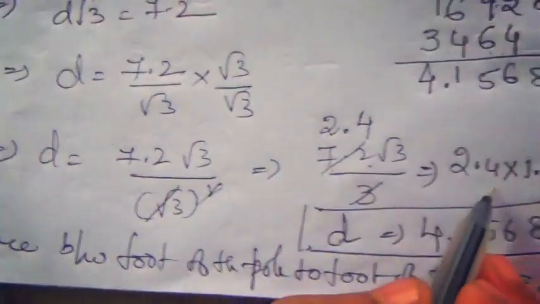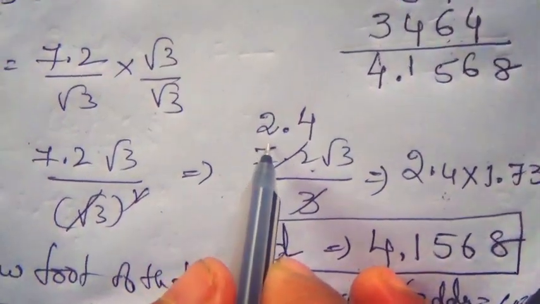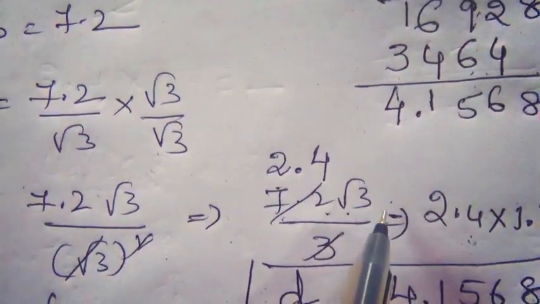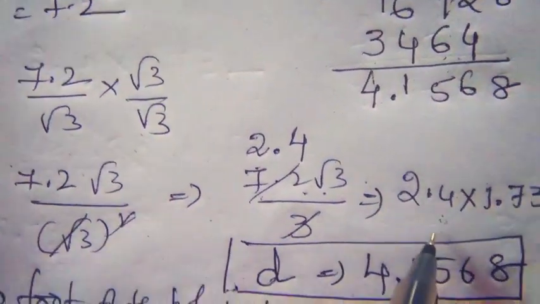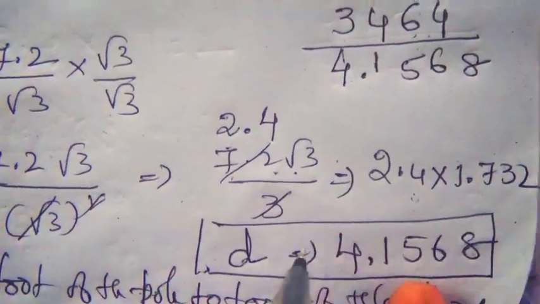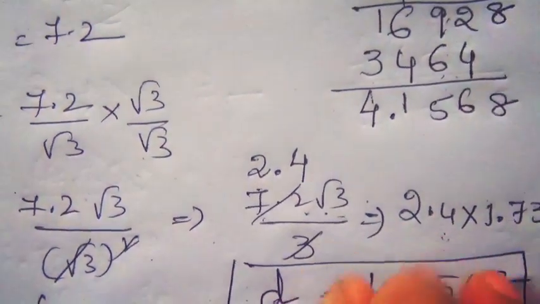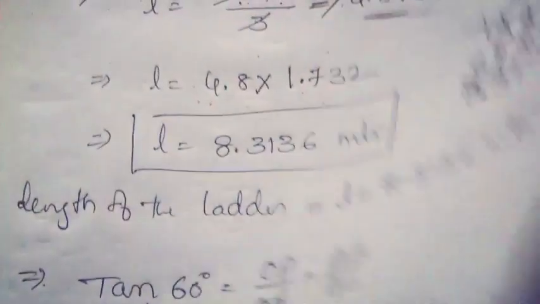Here also, if you don't want to do this multiplication, you just leave the sum up to here, 2.4 into root 3 meters, that's it. Don't do this if you don't want to. Up to here it is enough, 2.4 root 3 meters. So here we finished with 7th.